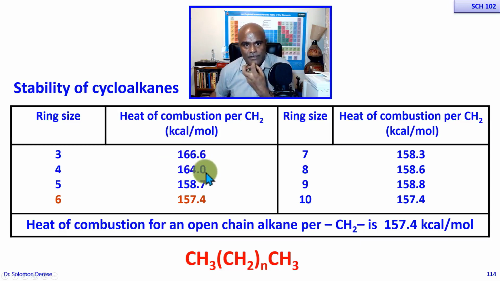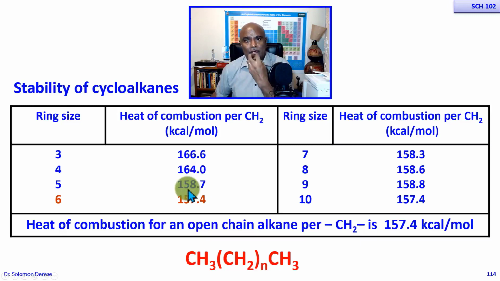This is expected because the bond angle of cyclopropane is 60 degrees, while the bond angle of cyclobutane is 90 degrees. 90 degrees is closer to the ideal 109.5 degrees than 60 degrees is, so it is more stable.